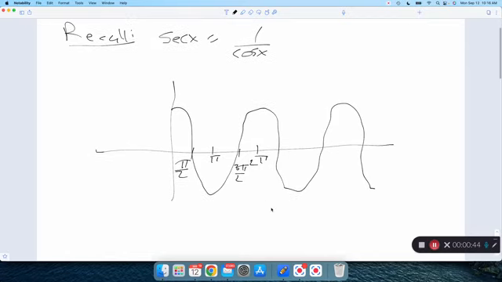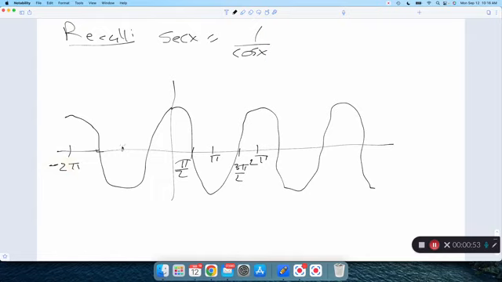And maybe we'll go backwards a little bit here as well. Maybe we'll come back a full period. So this would be negative 2 pi, negative pi, negative pi over 2, and negative 3 pi over 2. So that's cosine. Secant is 1 over cosine.